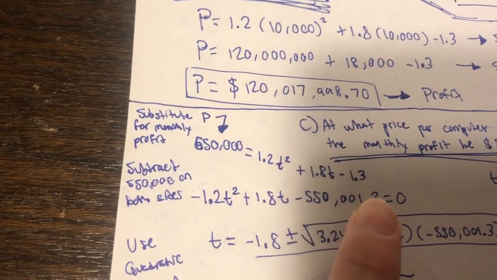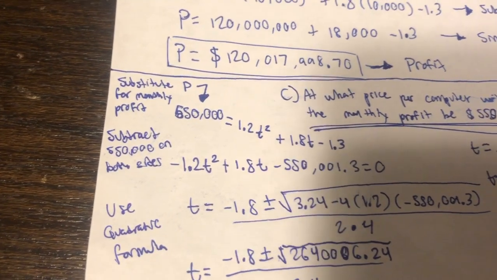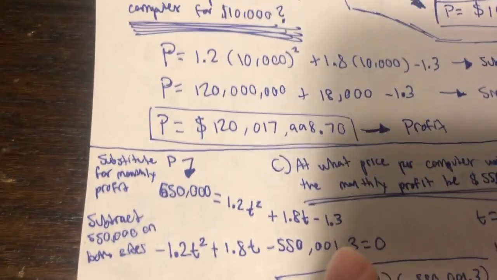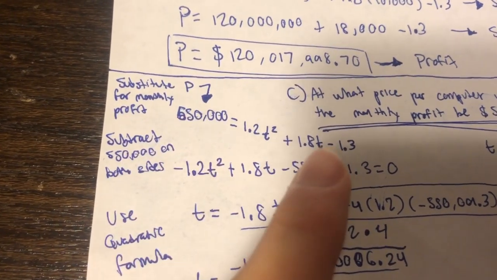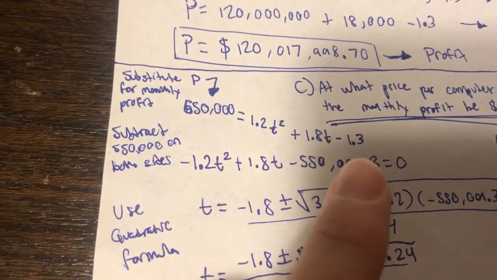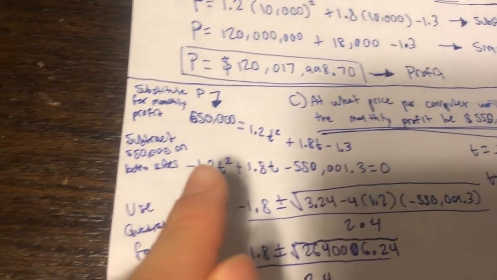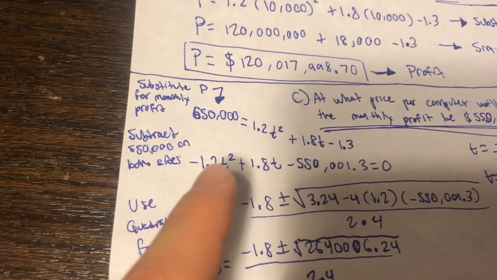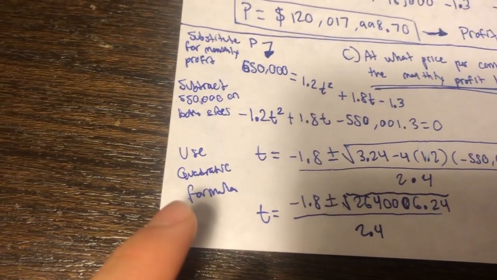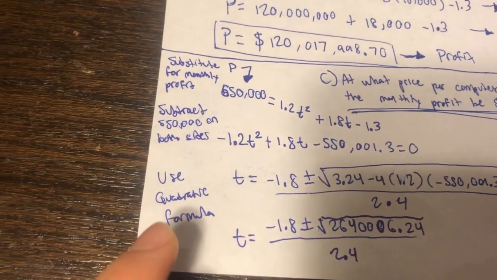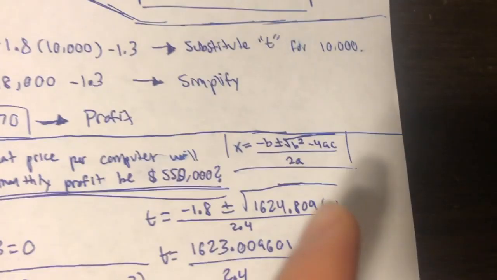So now we have the complete equation, and after that we subtract 550,000 from the other side so that we can move everything to one side. This is our result. And now, since this is a very complex trinomial, we must use the quadratic formula. Well, not the quadratic formula, the quadratic equation, which is right here.